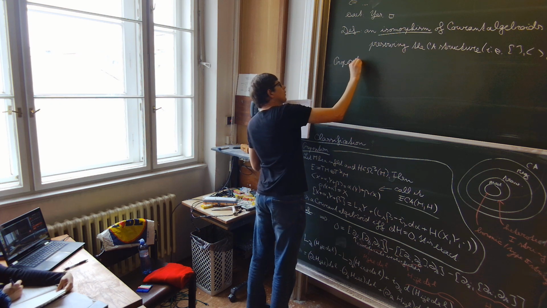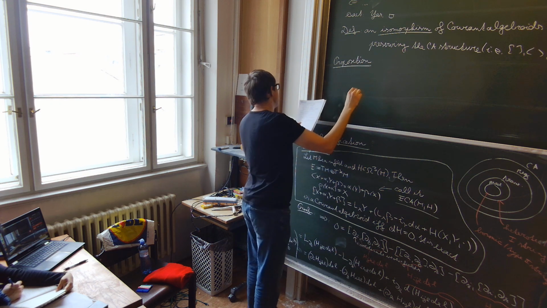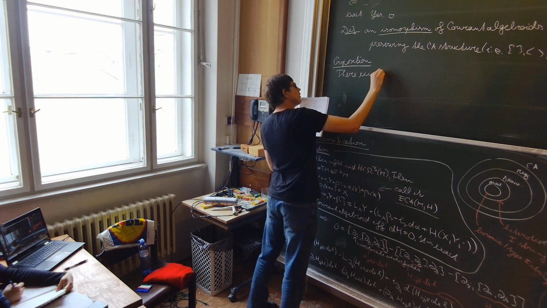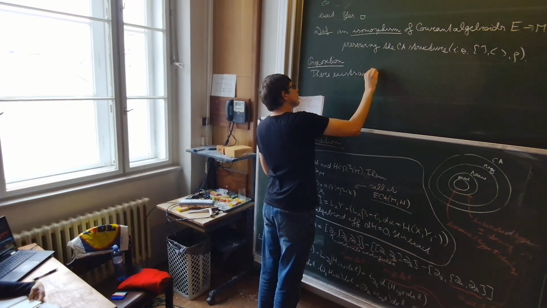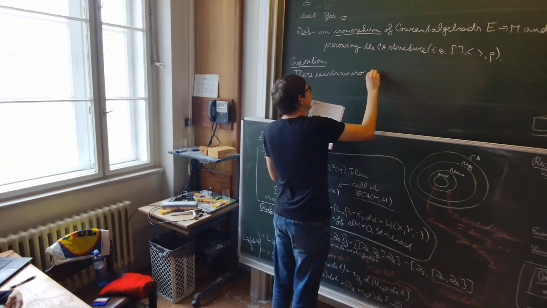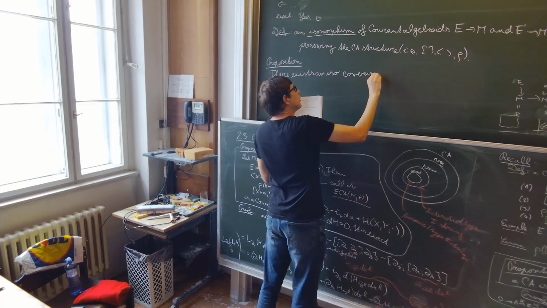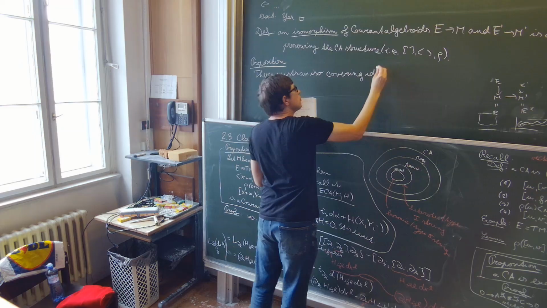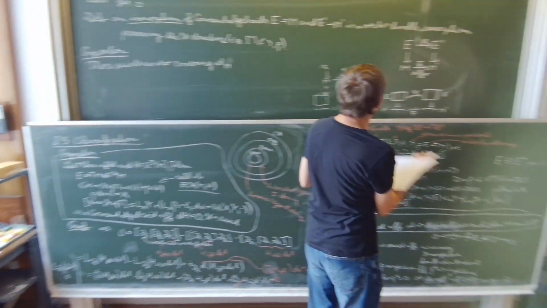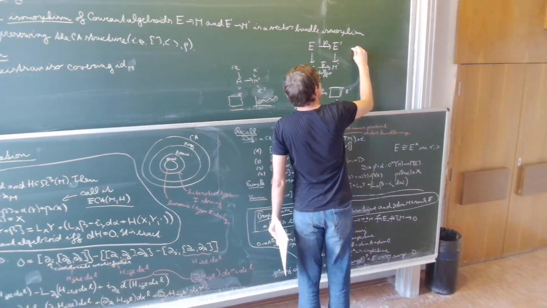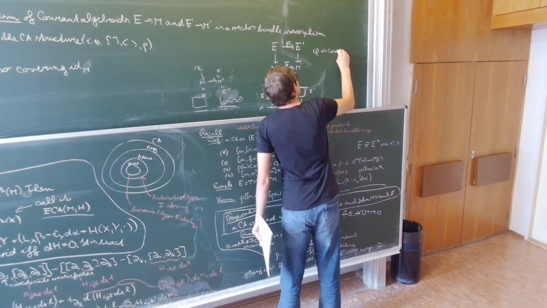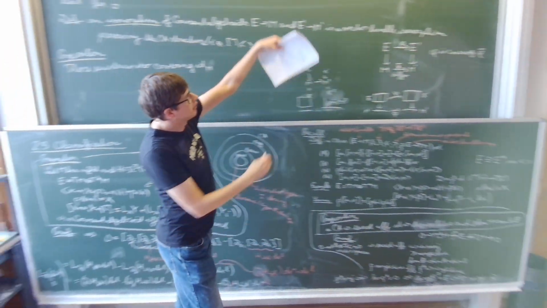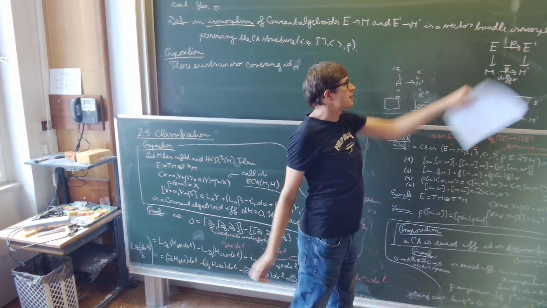Next proposition, before stating the classification result: there exists an isomorphism covering the identity over M. Covering means that if phi is covering phi bar, the map upstairs is really going above the map downstairs.